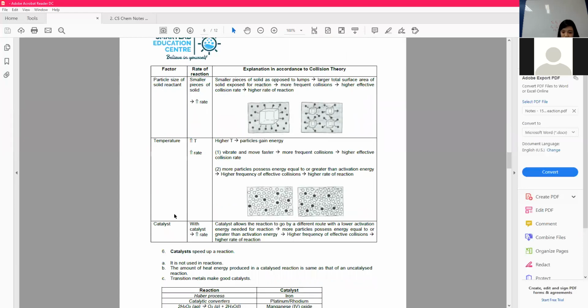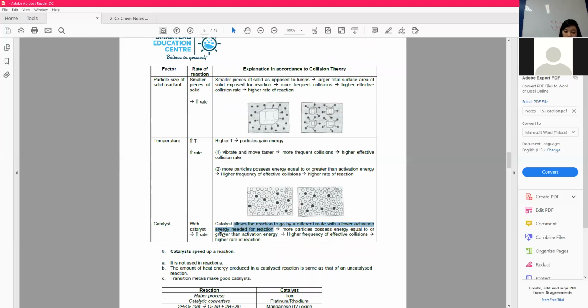The last one is the catalyst. A catalyst is something that speeds up a reaction. It allows the reaction to go by a different route with a lower activation energy needed. Maybe originally the reaction needs 10 joules to react, but with the catalyst there, you only need 5 joules.